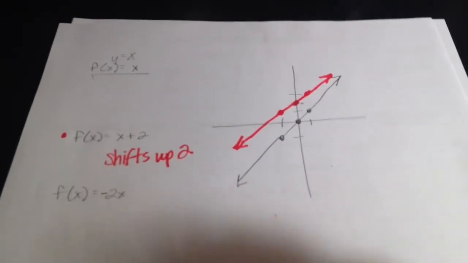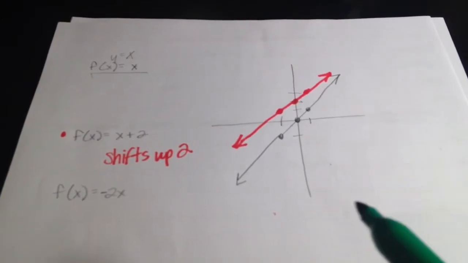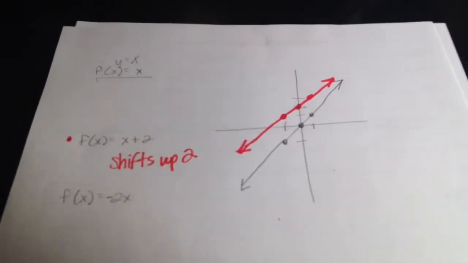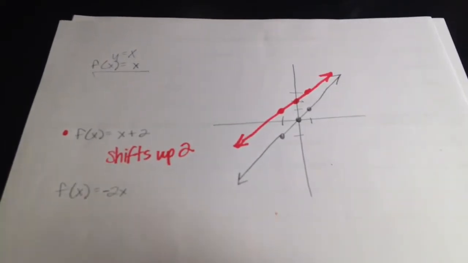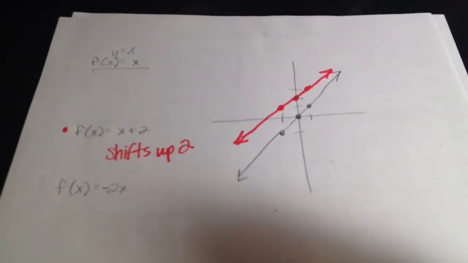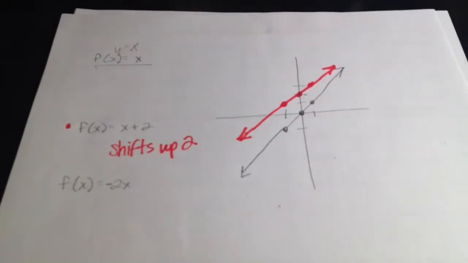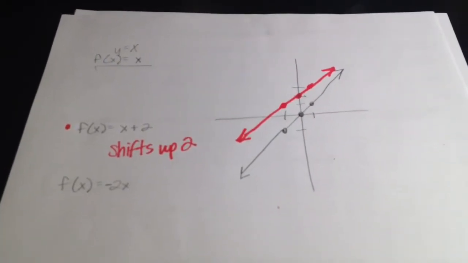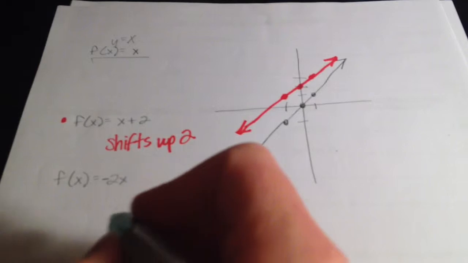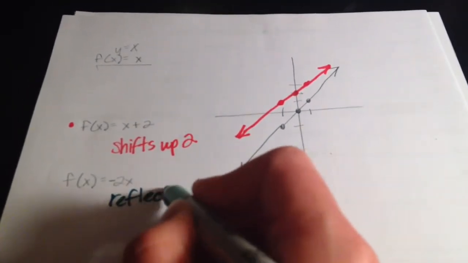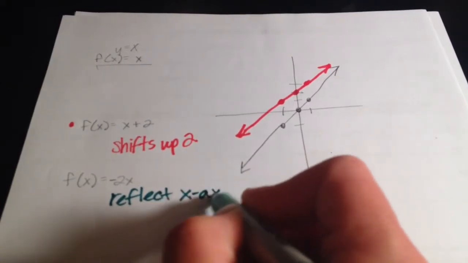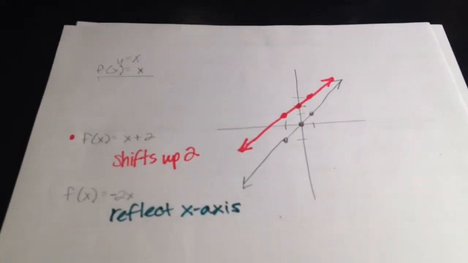It's outside of x. So it reflects over the x-axis. That means it's going to flip. Every point is going to be opposite up or down than what it was. So we know it's going to reflect over the x-axis. That takes care of the negative.